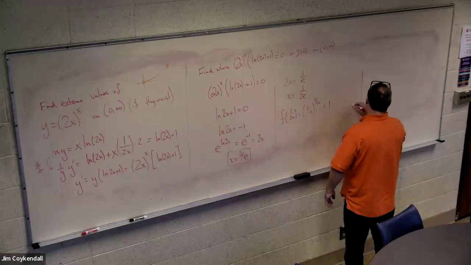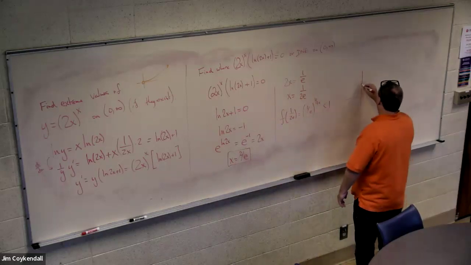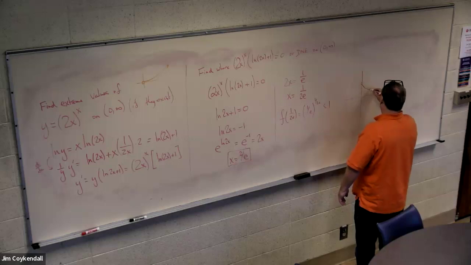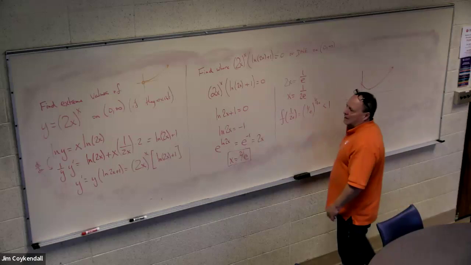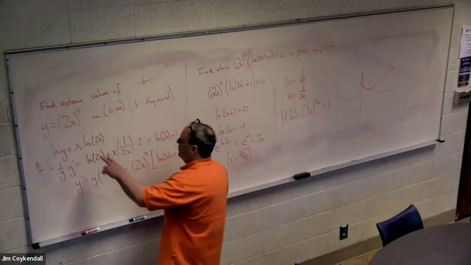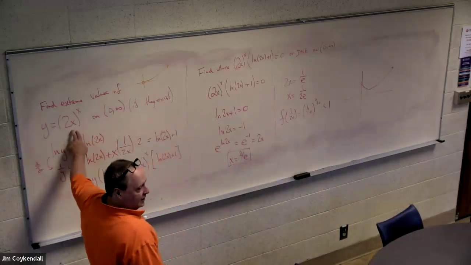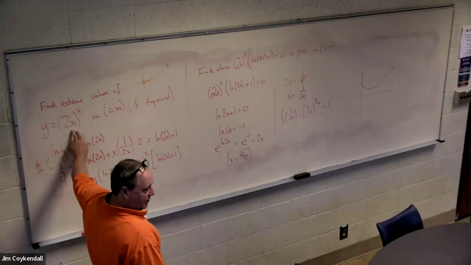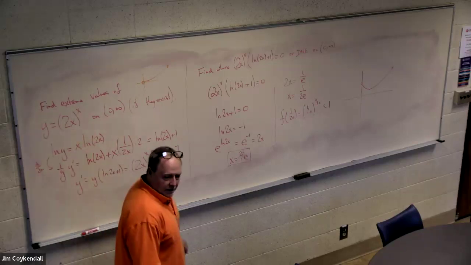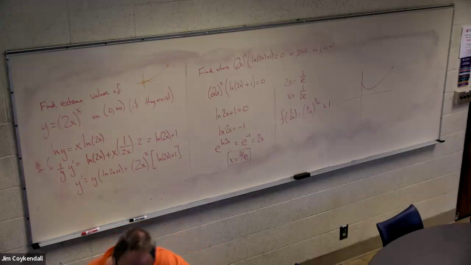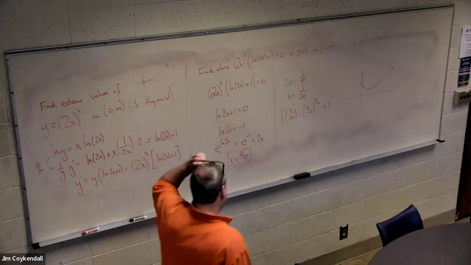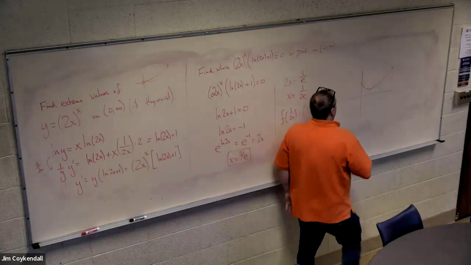So actually what this function looks like is you have one critical number here. Notice what happens to this function when x gets large: it's getting huge. Do you agree with that? So the question was, what are the max and min values on this?